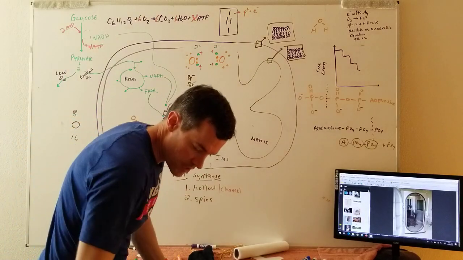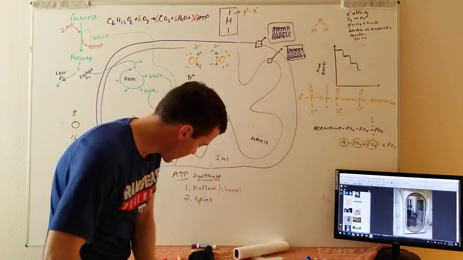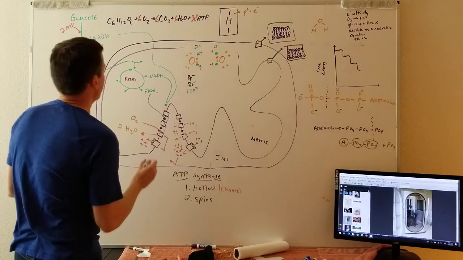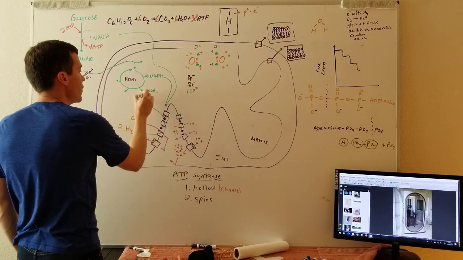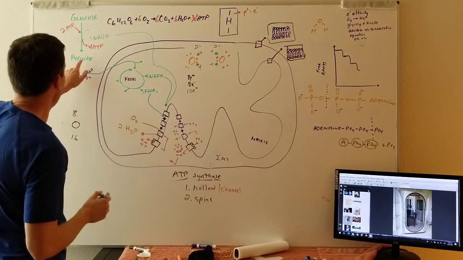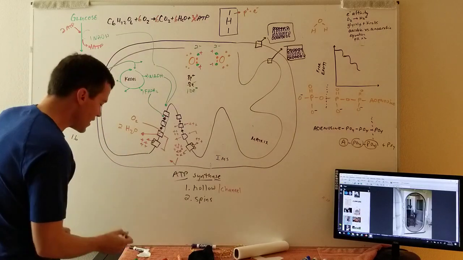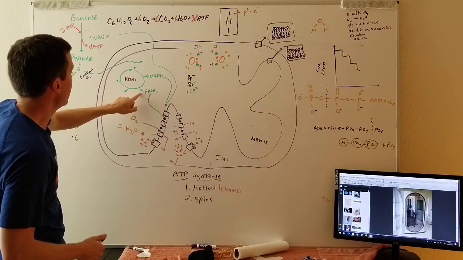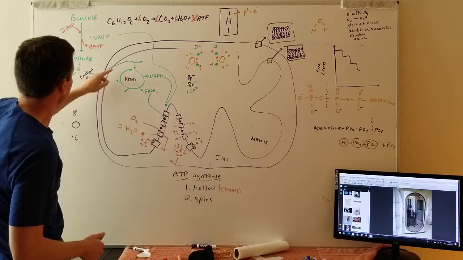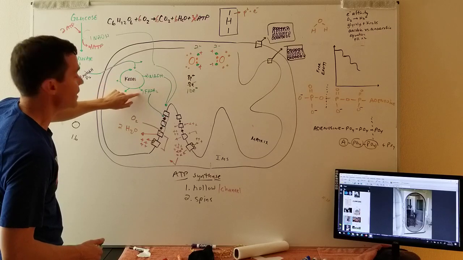But whenever I go through the Krebs cycle, I get 3 NADHs and 1 FADH2 for every pyruvate. So I'll take each pyruvate, send it through there, get 3 NADHs and an FADH2. I'll take the next pyruvate, send it through there, 3 NADHs and an FADH2.